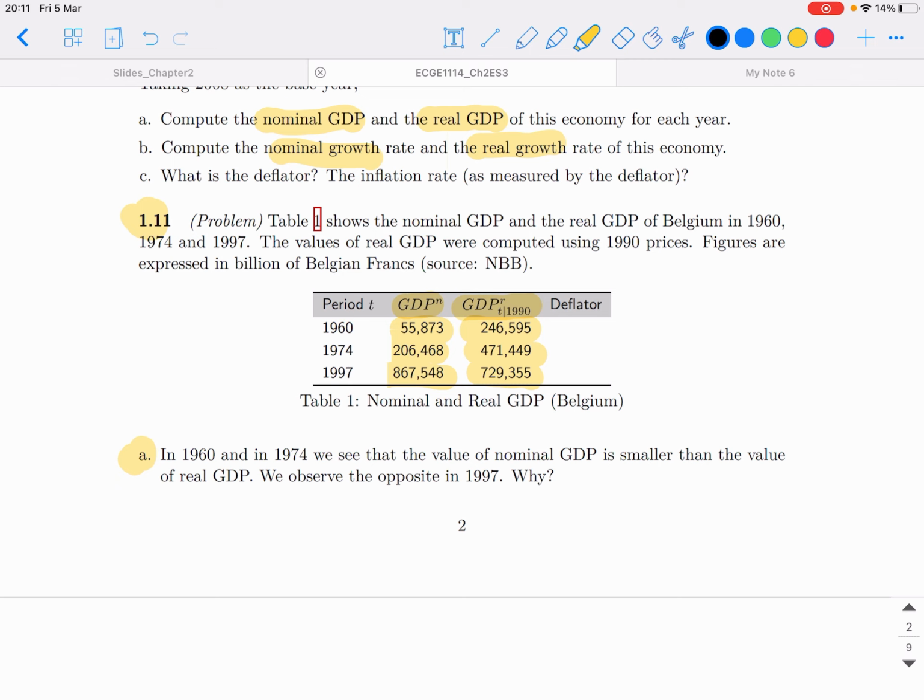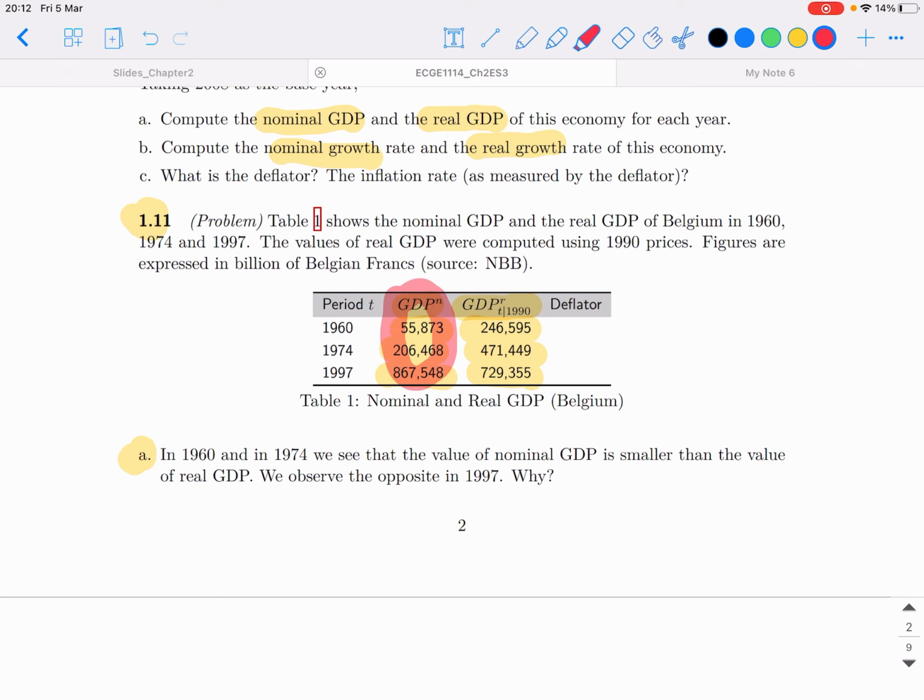In order to answer, you need to remember that nominal GDP was calculated at the prices of those years: 1960, 1974, and 1997. But real GDP was always calculated at prices of 1990.